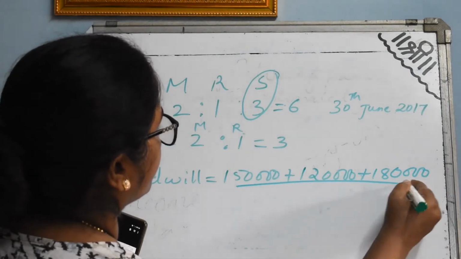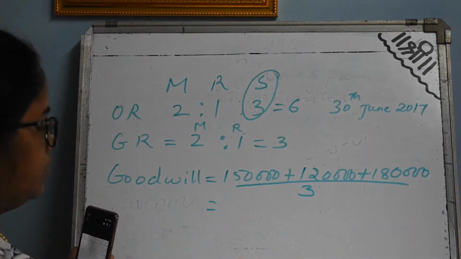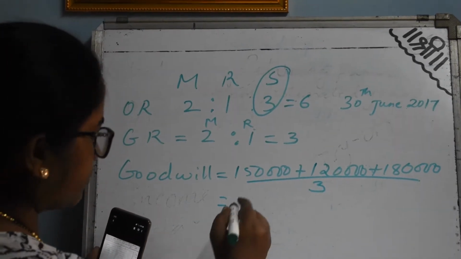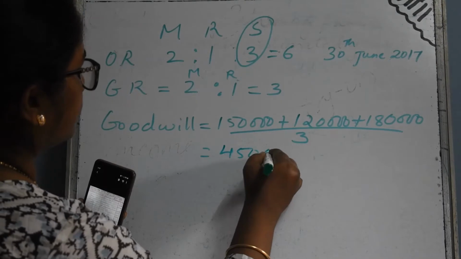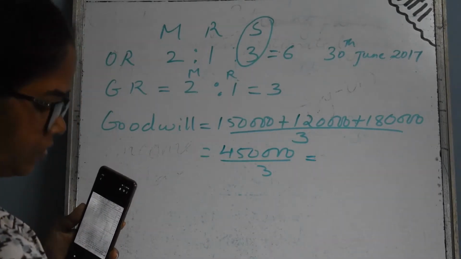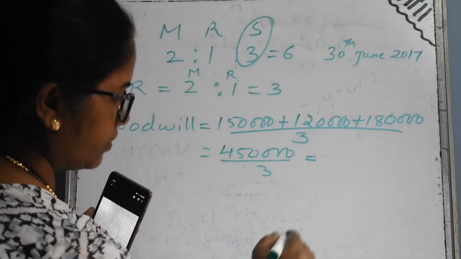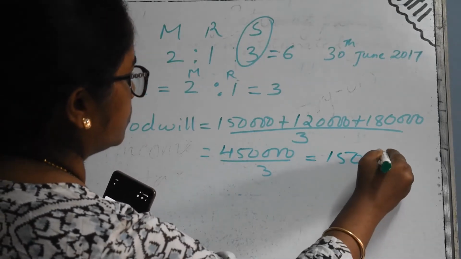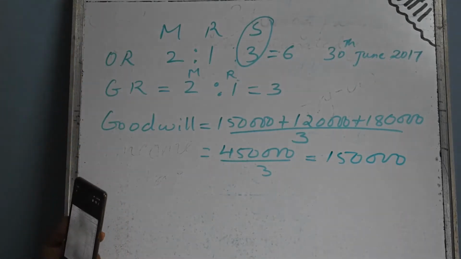Divided by 3 is equal to 4,50,000 divided by 3, which is 1,50,000. So goodwill of the firm is 1,50,000.